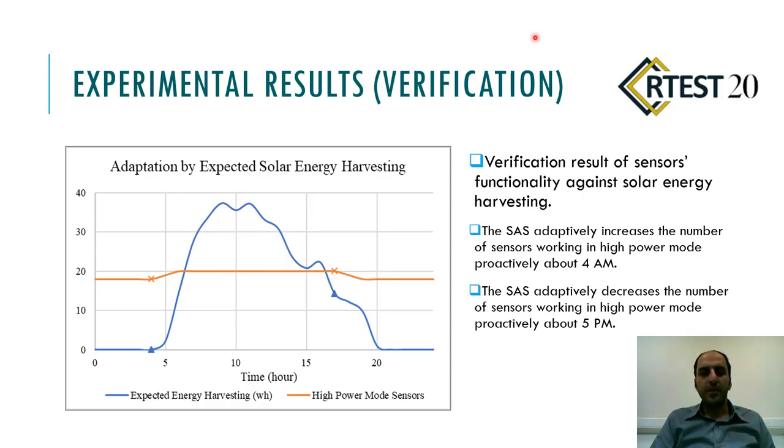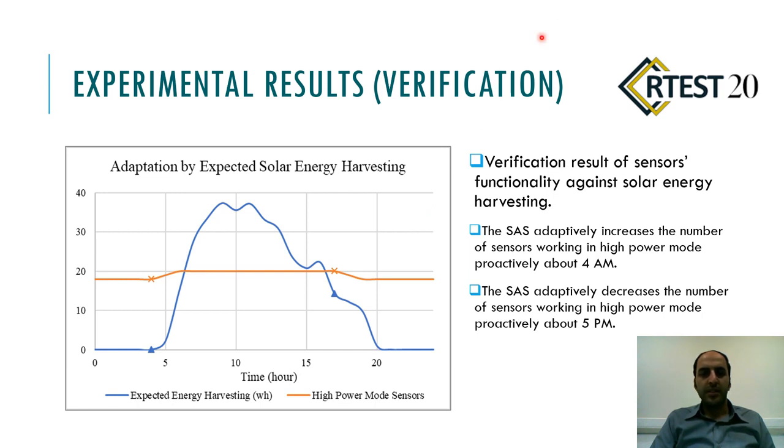The system is allowed to increase the number of sensors working in high power mode proactively at about 4 a.m. when the expected energy harvesting from the environment increases. Similarly, the system is forced to decrease the high power mode sensors at about 5 p.m. when the expected energy harvesting from the environment decreases.